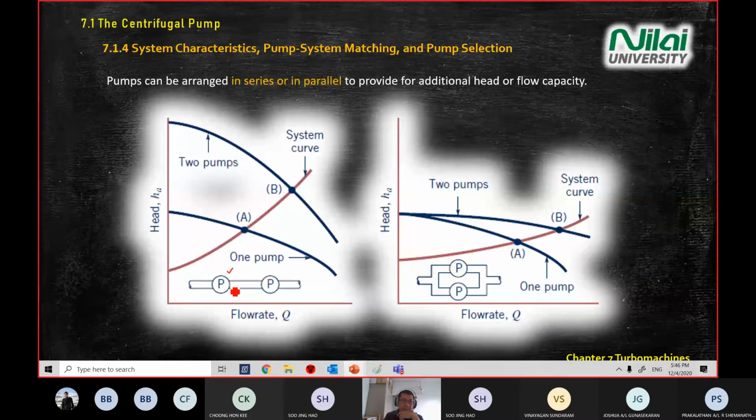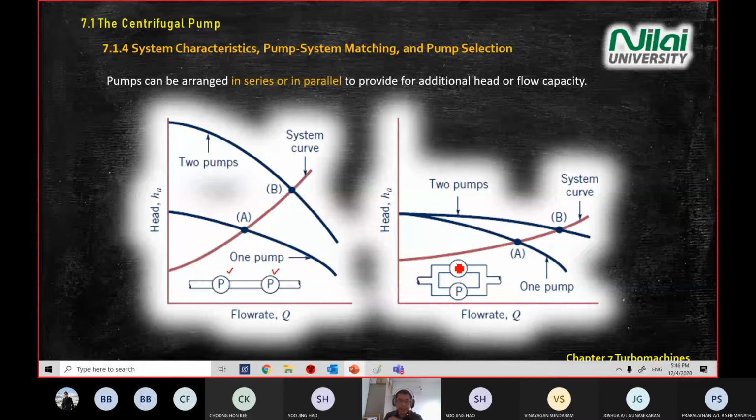If you only use one pump, the pump performance curve will look like that. And then if you use two pumps, the curve will shift up and then move down again. So you have point A to point B.